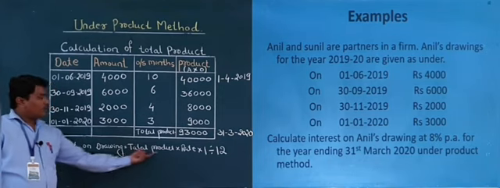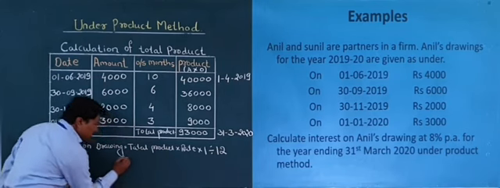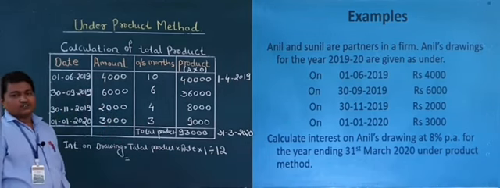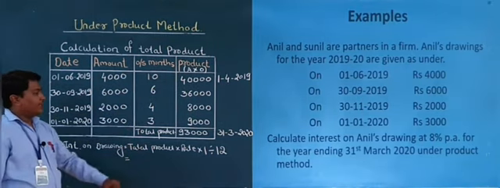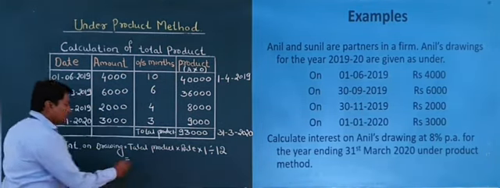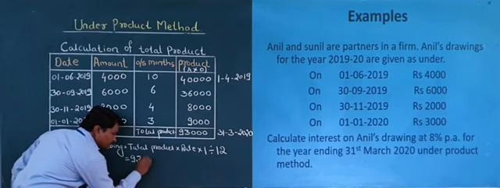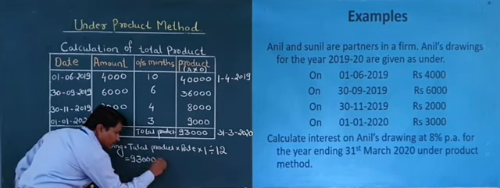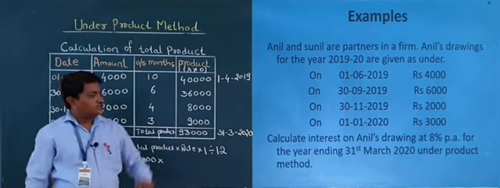So now I fill all the amounts in this formula. First of all, total product. What is the total product? Yes, that is not in the question, that we calculated here. So what is the total product? 93,000 into rate. Rate means, yes, 8%.